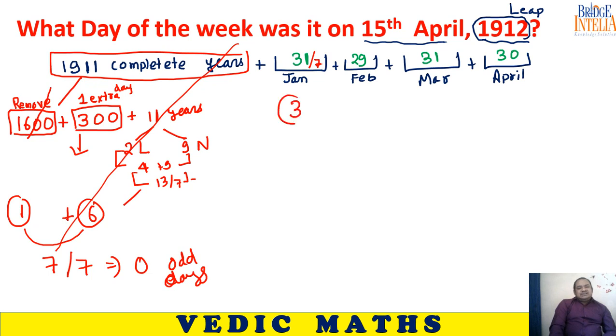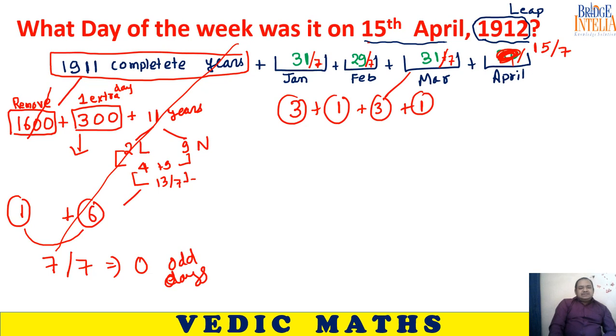So 3 extra days. Similarly, 29 divided by 7, 1 extra day. March, 31 divided by 7, 3 is the remainder. So 3 extra days. April. So from April, you don't have to take 30 days. You have to take only 15 days. Because your counting has to stop on 15. So 15 divided by 7. So remainder is 1.